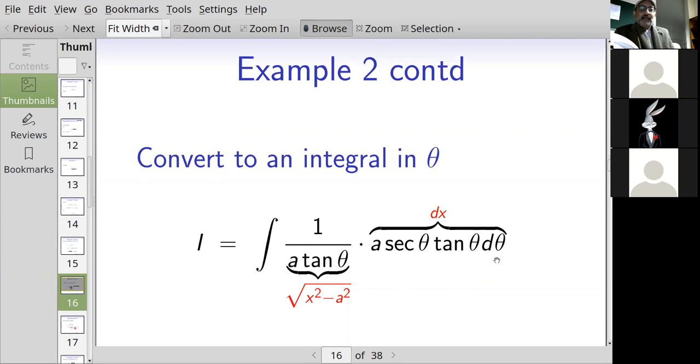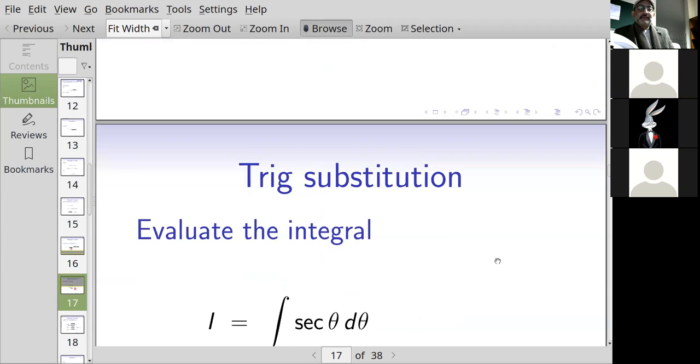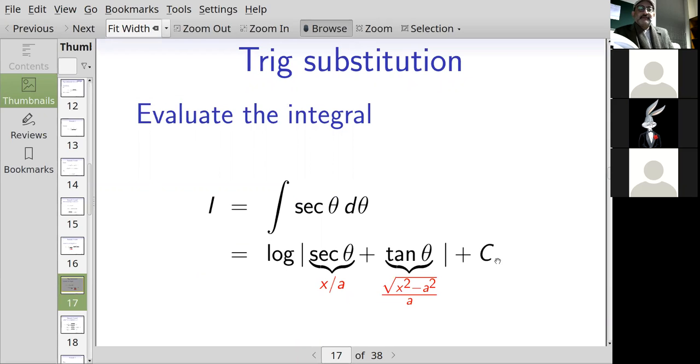Now we're fortunate, the tangent thetas cancel each other out, right? And the a's even cancel each other out. So I've got the integral of secant theta d theta.